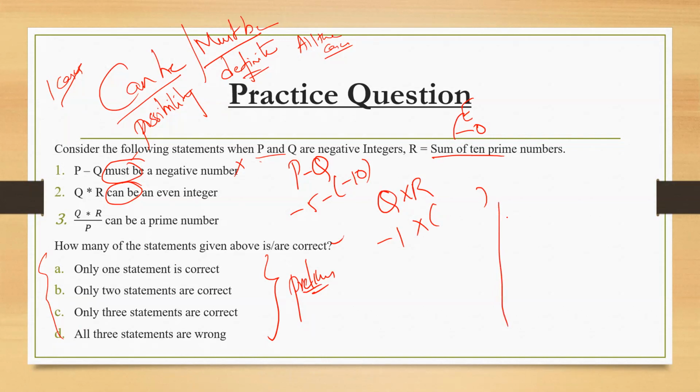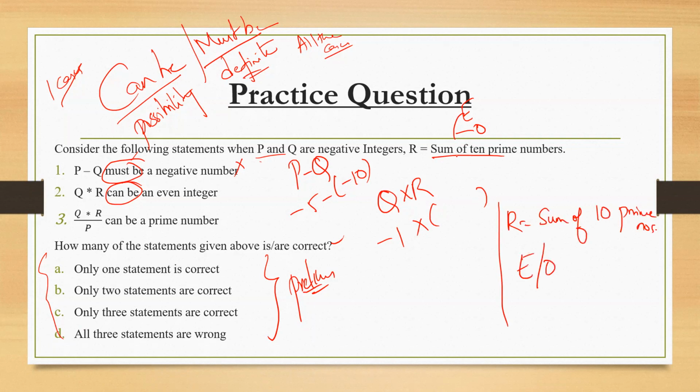That is, if I say R is equal to the sum of 10 prime numbers, you tell me, any 10 you can take. So tell me, will that R be even or odd? So there is a possibility of even.